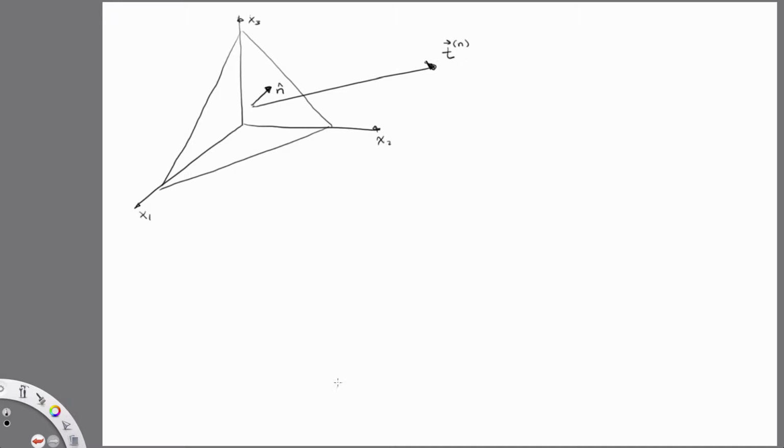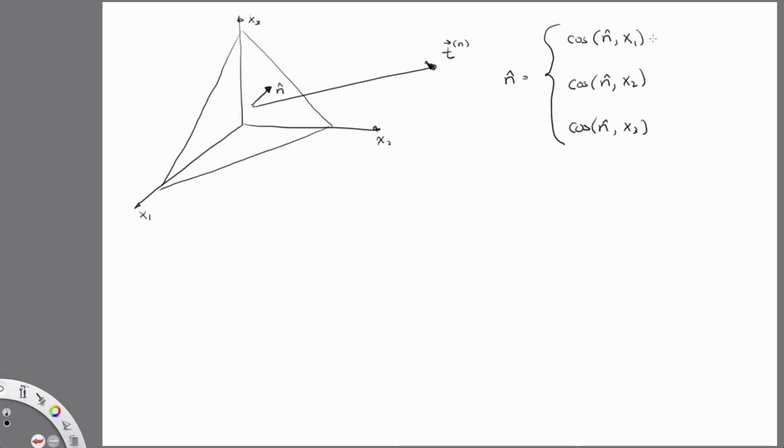Just to be clear, n is a vector, and the components of n are the cosine of the angle between n and the x1 axis, the cosine of the angle between n and the x2 axis, and the cosine of the angle between n and the x3 axis.